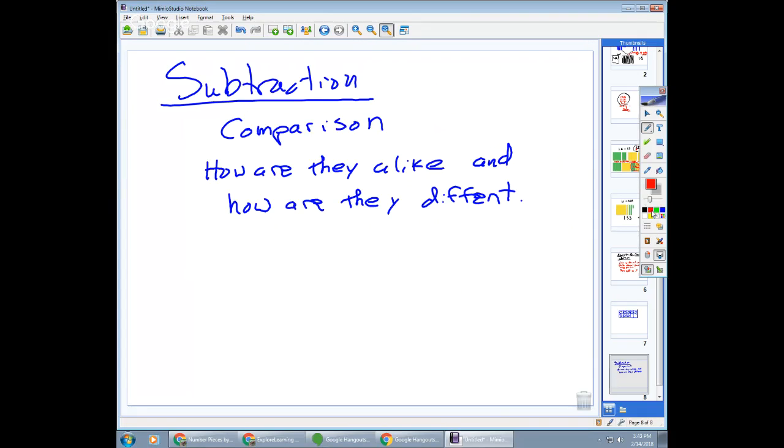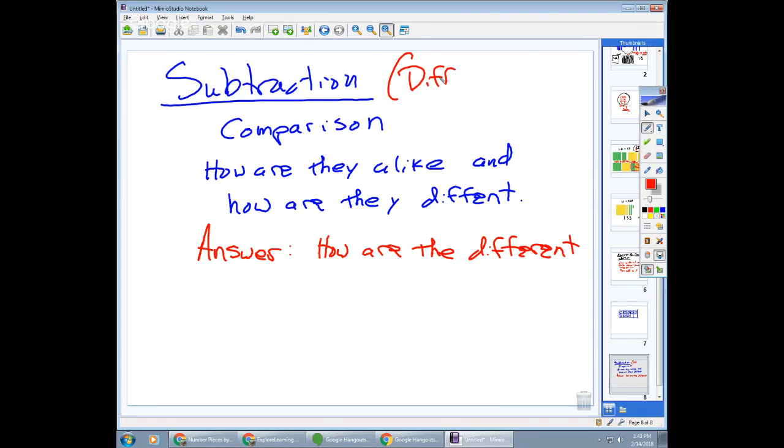The answer with comparison is how are they different? Because remember, another word for subtraction is difference. It's the difference between 4 and 7. You would say, well, it's 3. They're 3 apart.